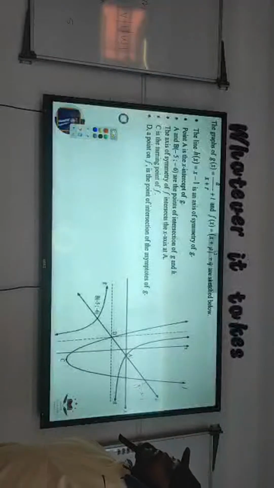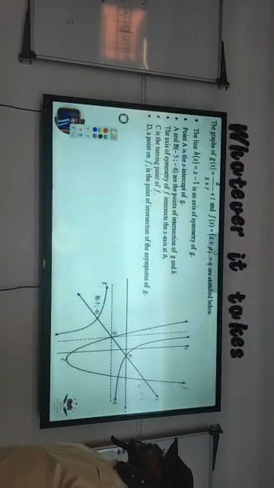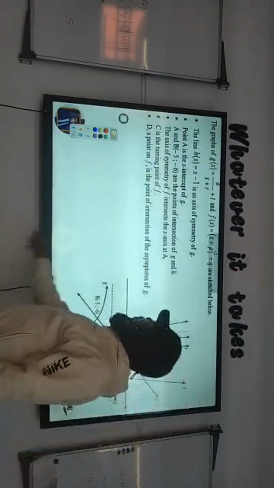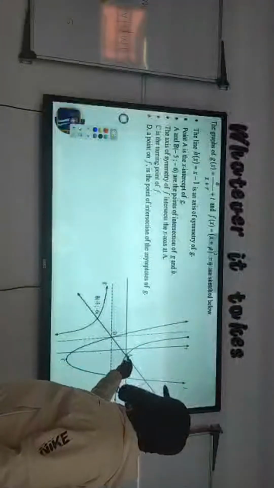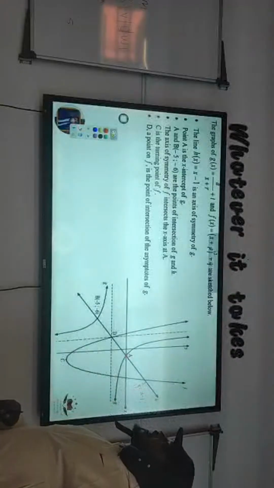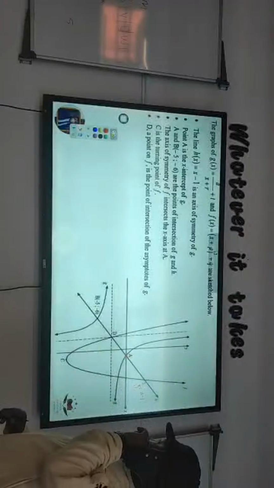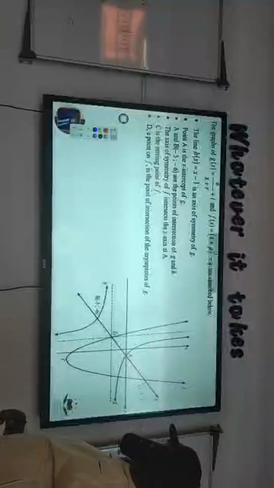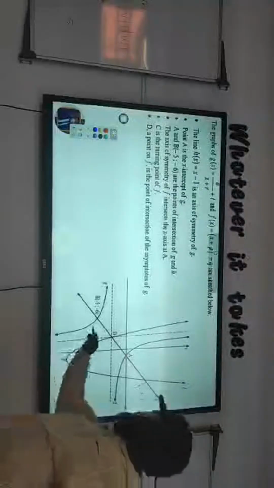So we have point A is the x-intercept of G. So what is G? G is the hyperbola. And then A and B are the points of intersection of G and H. A and B, let's see, what's B? Oh, there you go.